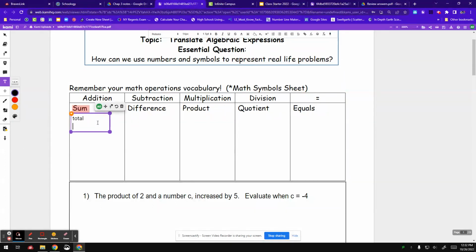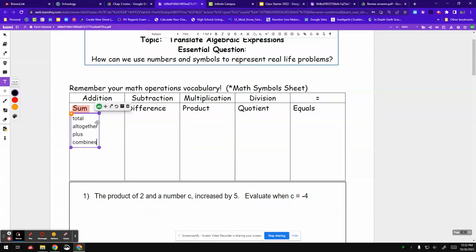Find the total of the purchases. Altogether. What does it cost altogether? How many kids went altogether? Obviously, plus. You guys know that one.